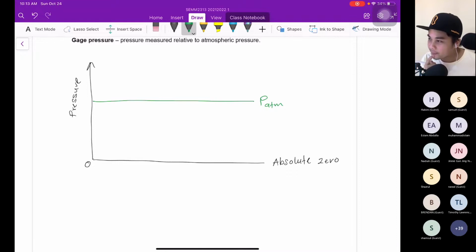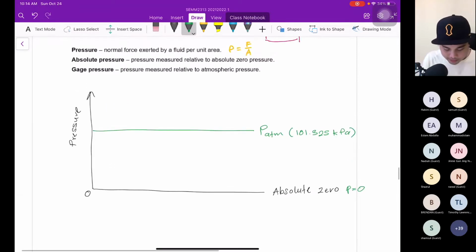The value is 101.325 kilopascal. This is a standard value in terms of standard unit, the SI unit. So 101.325. Absolute zero means P equal to 0. So of course, this is positive, more than the absolute zero.